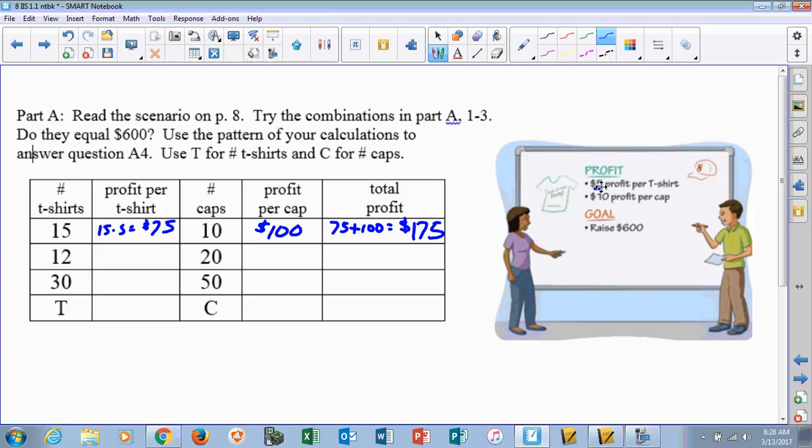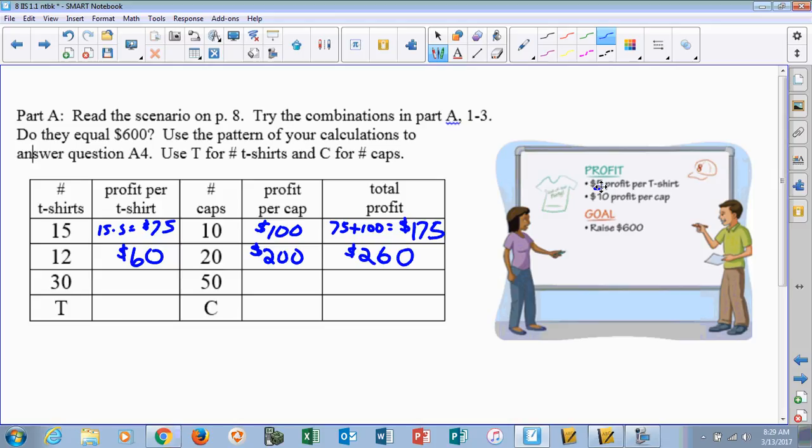All right, what about if you sold 12 shirts? That gives me 60. That's 12 times 5. And 20 caps. So our total profit is, we add them together, $260. Well, we're getting there, but we're not quite there yet, right?